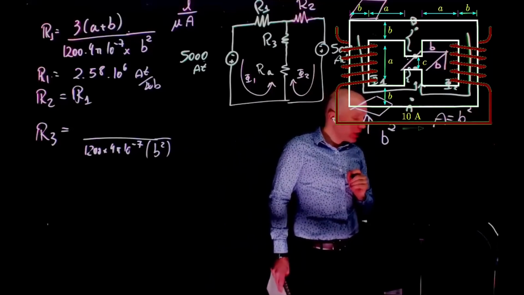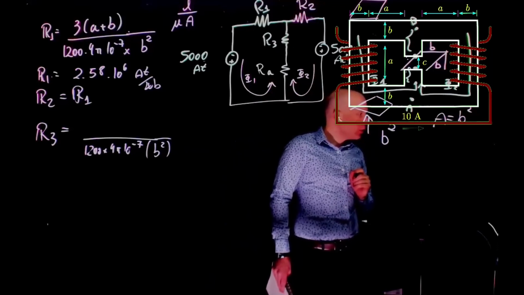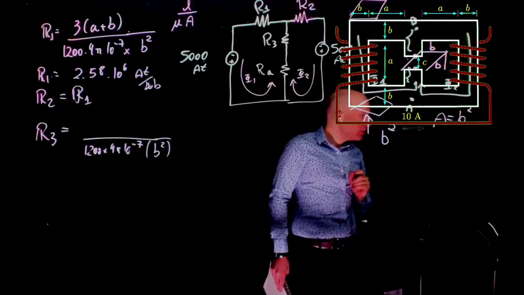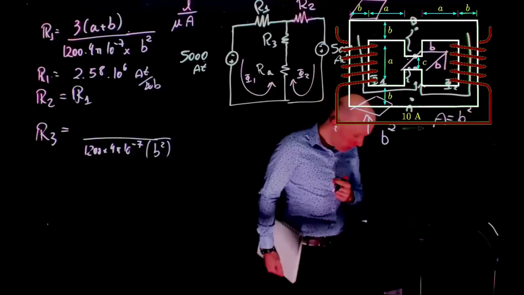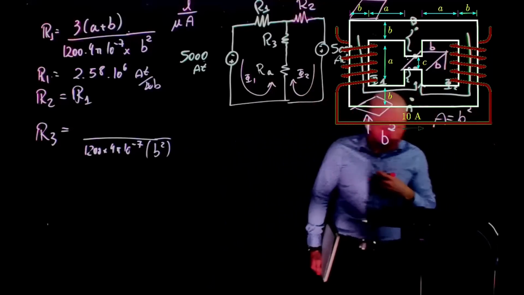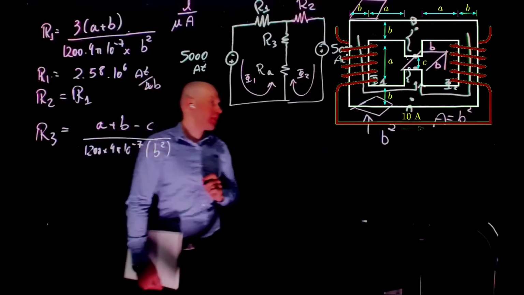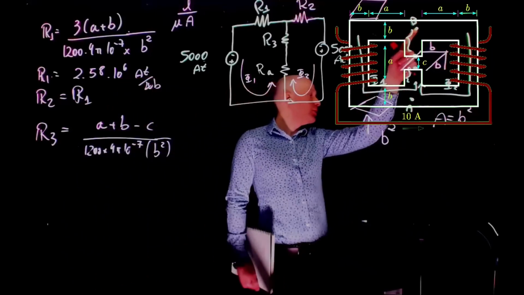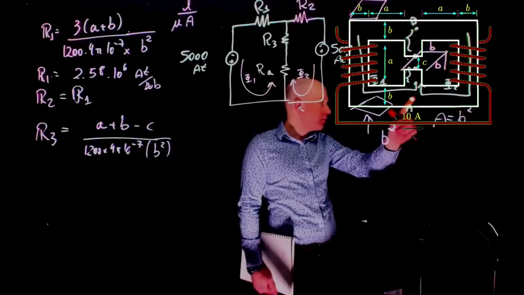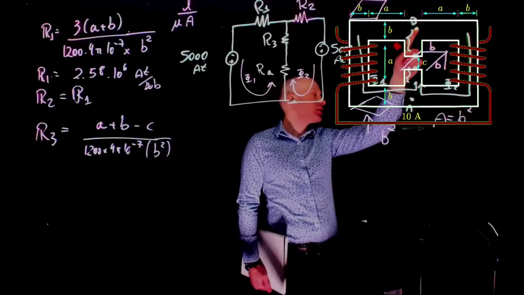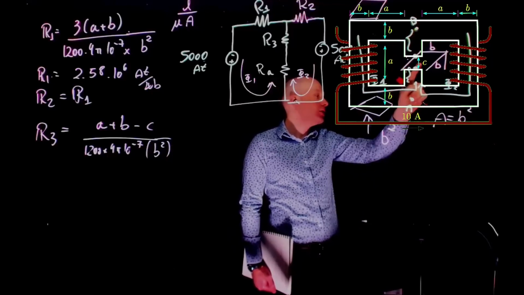I think that information might be missing. So we need to do A plus B minus C. The distance from here all the way here is A plus B, correct? Minus C removes the gap.